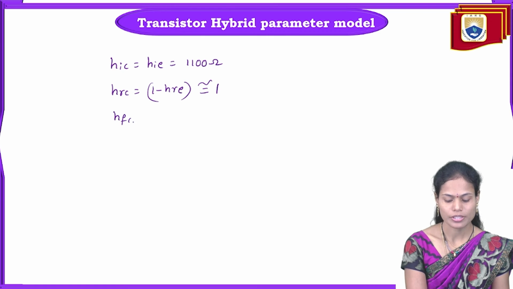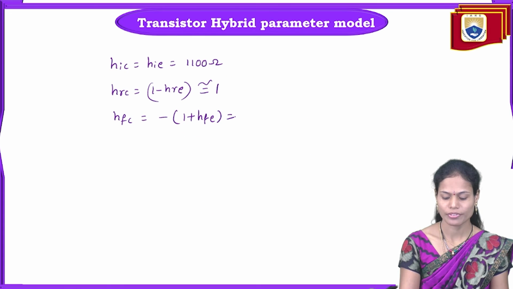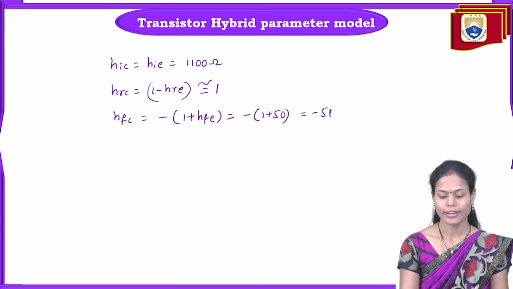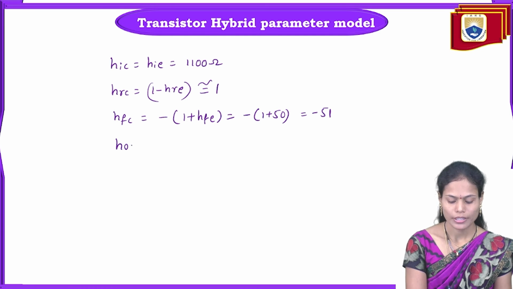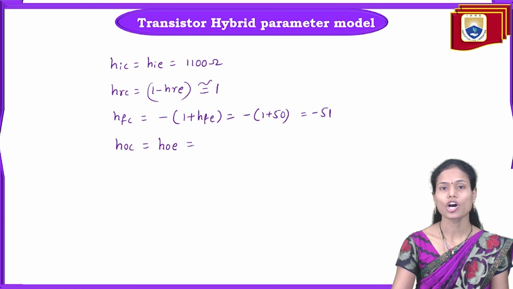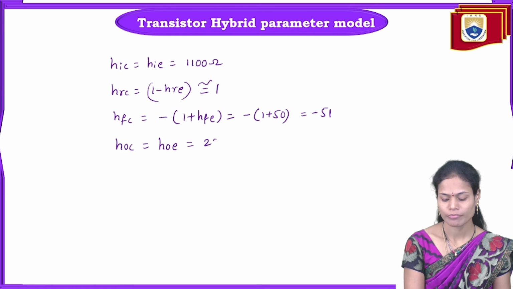And HFC is minus of 1 plus HFE. The HFE value is 50, so minus of 1 plus 50 is minus 51. And the output admittance is equal to the output admittance in the common emitter configuration, so the value is 25 microamps per volt.